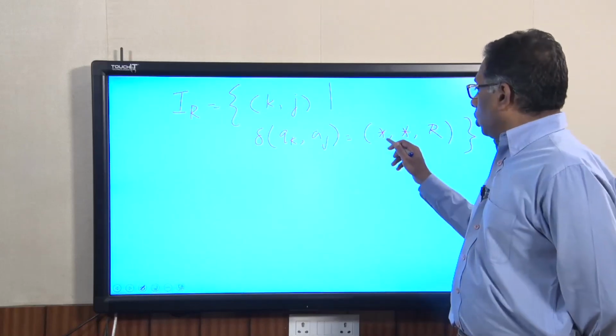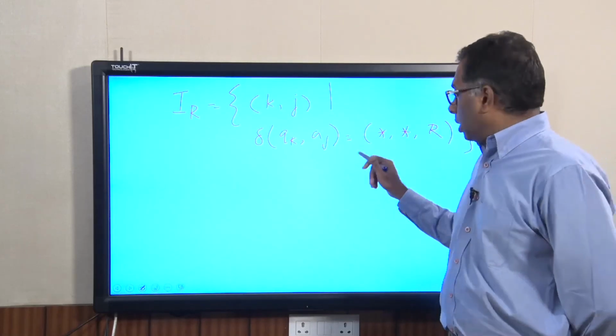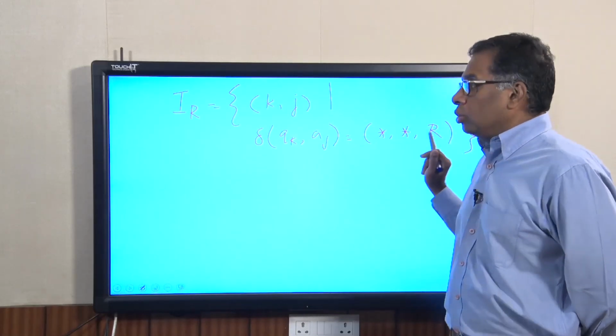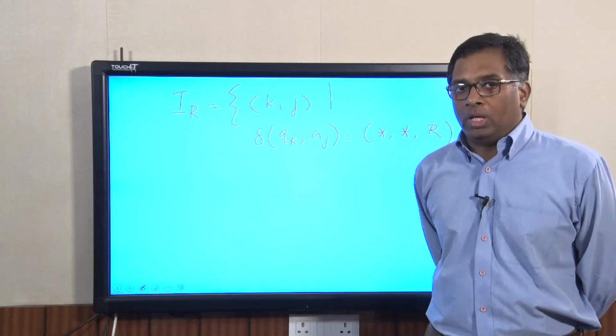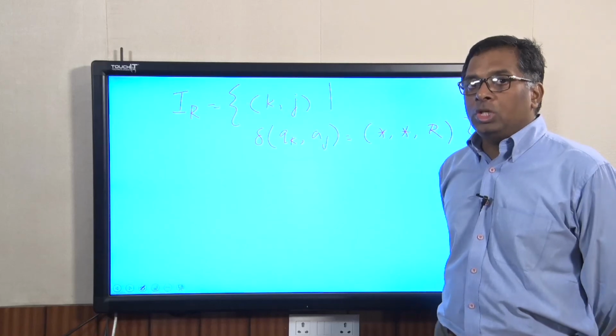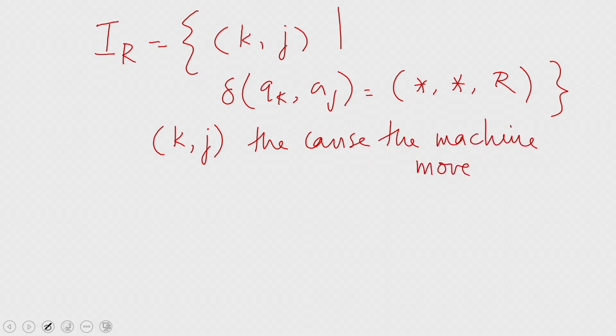We do not care which state it enters and what new symbol is written, but we insist that the head should be moving right. So, these are essentially all k j ordered pairs, the state symbol pairs, that cause the machine to move right. The machine has a rightward movement when one such ordered pair happens.